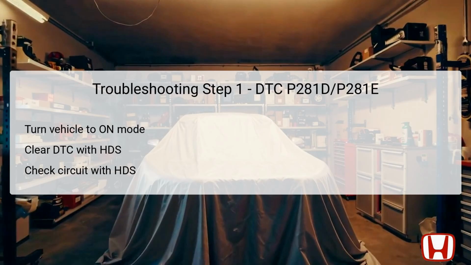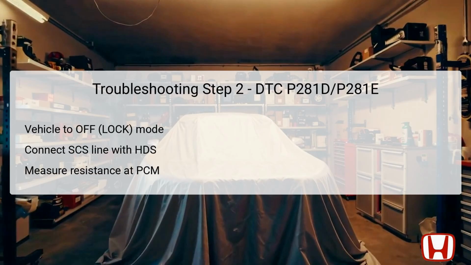Once cleared, navigate to the miscellaneous test menu in the HDS and select the Shift Solenoid Valve OP test. This action will allow you to confirm whether the solenoid is operating correctly. Pay close attention to whether the code reappears during this process. If DTC P281D is indicated following these tests, this confirms a persistent fault with the circuit.